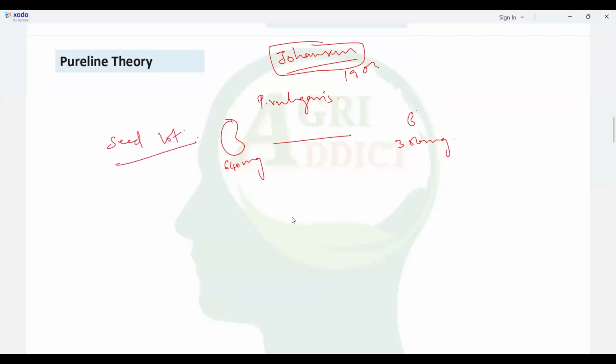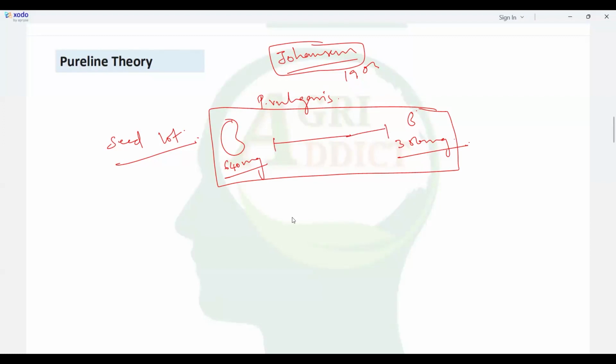He saw the largest seed with this much weight and the seed with the smallest weight. He classified the seeds based on 100 milligram weight classes, like 600, 500, 400, 300, 200, and then 100.